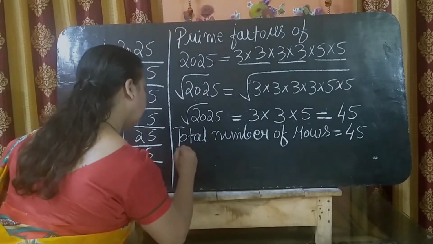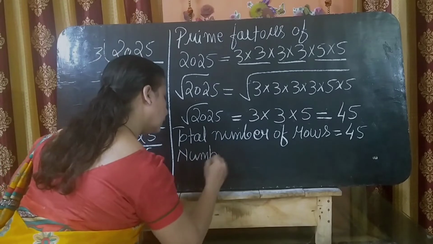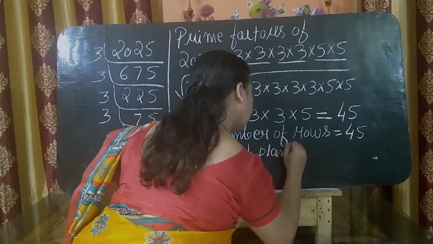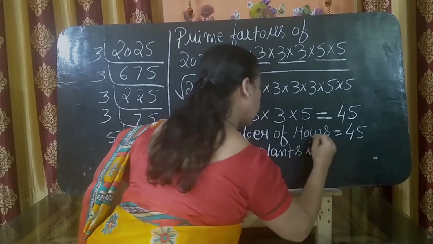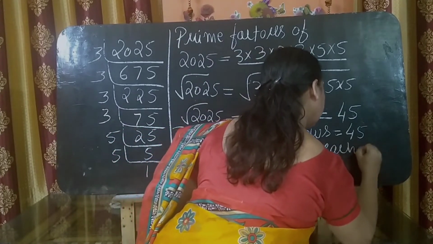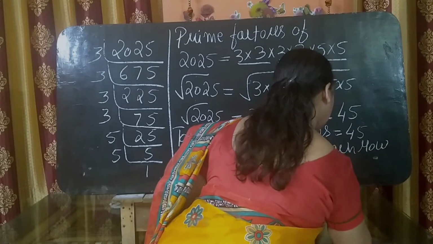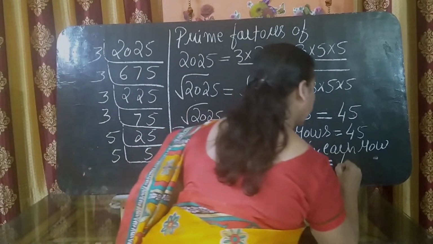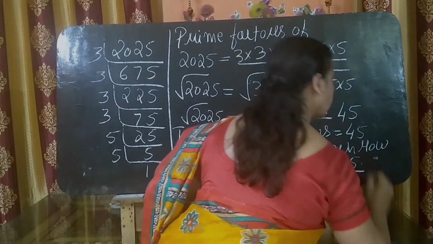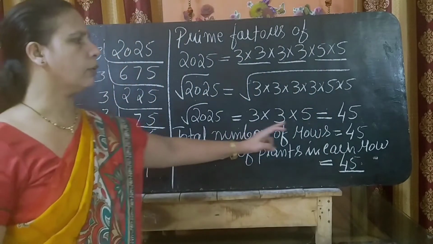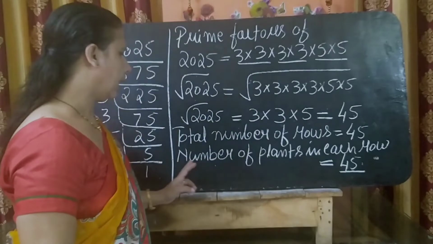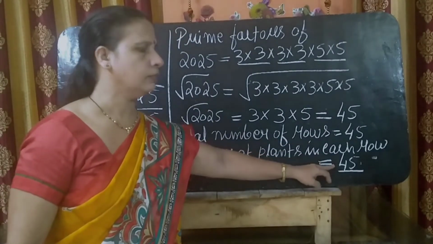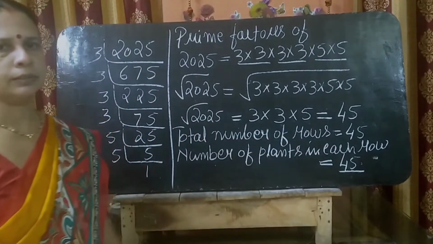Then number of plants in each row is same as total number of rows, that is 45. Here total number of rows is 45 and number of plants in each row also 45. Then copy down this.